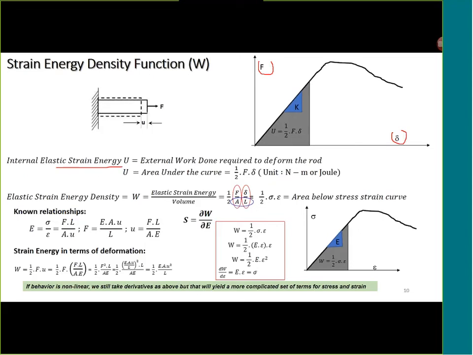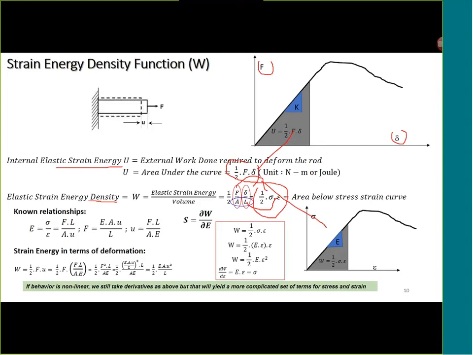When we say density, the strain energy is divided by the volume, so with the A and L of this particular rod, assuming it has a certain cross section and a certain length, the volume is A into L, and F by A gives the sigma, and change in length by the original length gives the strain. So now the strain energy density function can be written in terms of the stress strain curve or in terms of the force displacement curve. So either way is possible.